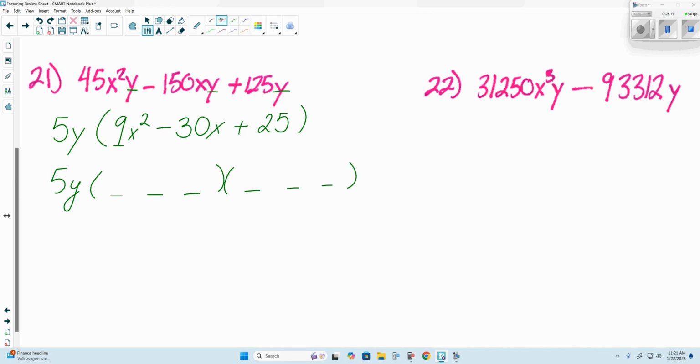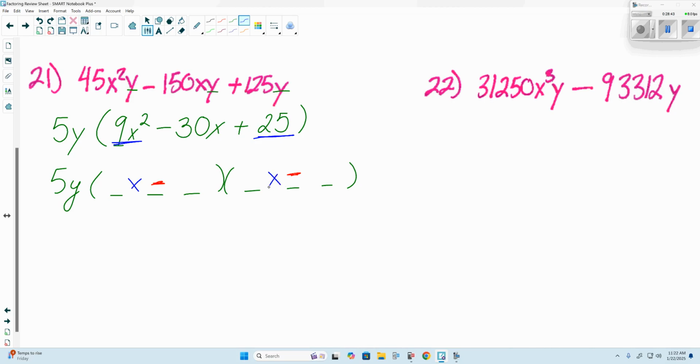Two sets of parentheses with three spaces. Third term is positive, so the signs are the same, and that's the sign of the middle term. So we have negative and negative. Factors of the first and third term. Factor of the first term is 9x squared.